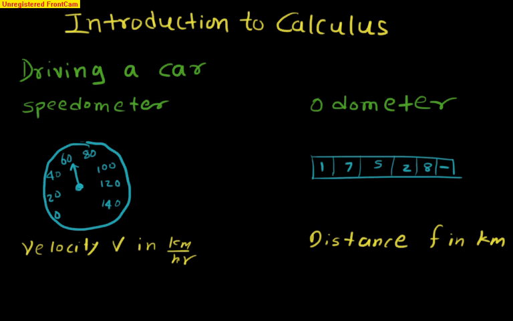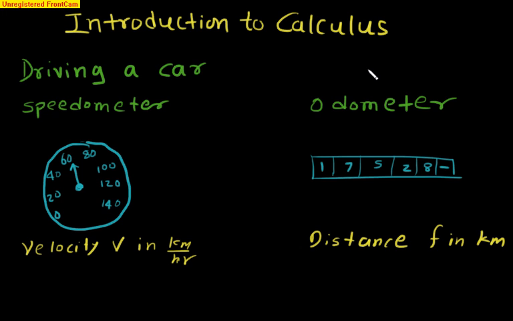Now I want to find out velocity. These two things depend on each other. Suppose I want to find out distance from the record of v, and the second question is I want to find out velocity from the record of this distance.